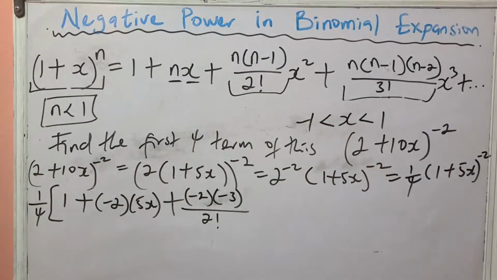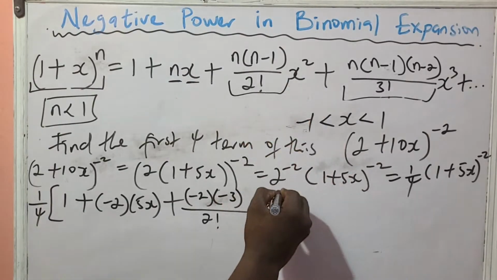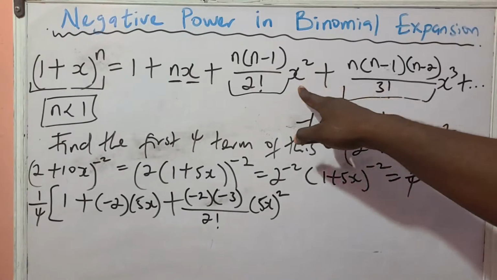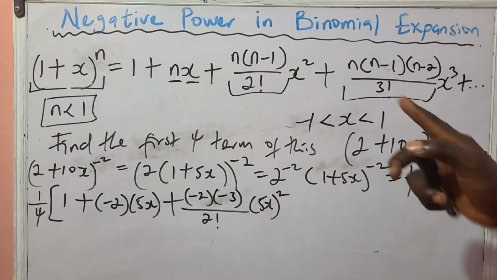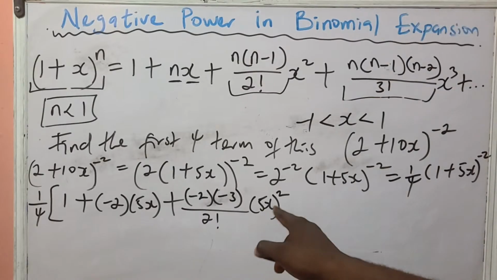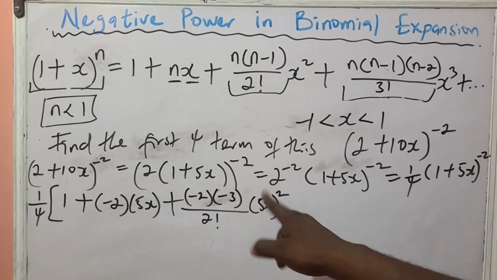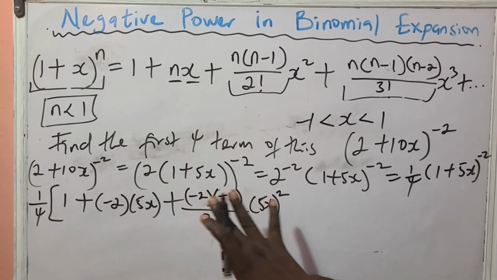My x is 5x. So I have 5x raised to the power of 2. You can see the way I wrote my 5x, because this is a compound expression, you have to use your bracket. In the earlier case, there was no bracket because it's a singular expression, just x. So x is x everywhere. But this 5x, I cannot go on to write 5x squared. I have to write 5x, everything raised to the power 2. All right. Now, that's the third term. I'm done with the third term.